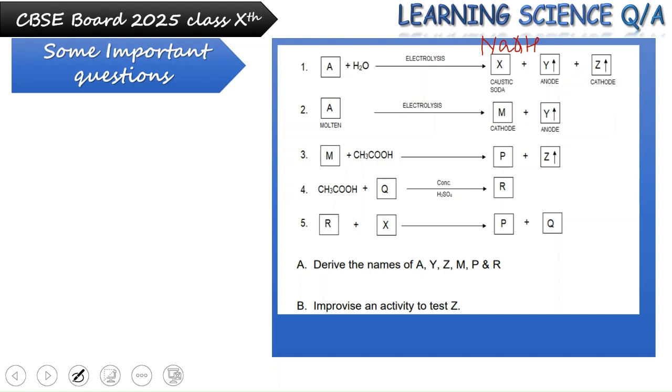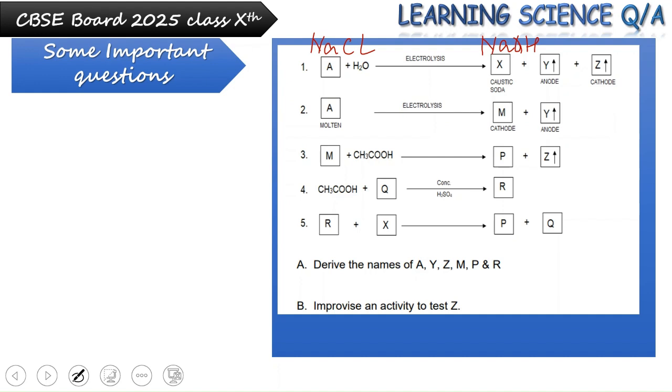Again, the same A in the molten state, when undergoing electrolysis, produces M, another intermediate, at the cathode, and the same Y gas at the anode. So let's take the first reaction first of all. We have NaOH produced here. That means this must be NaCl, the aqueous solution of NaCl, undergoing electrolysis.